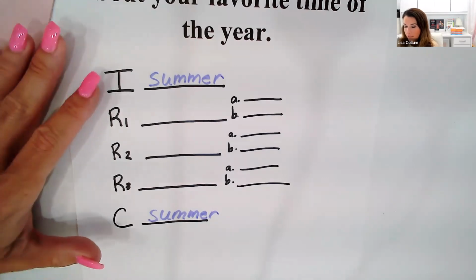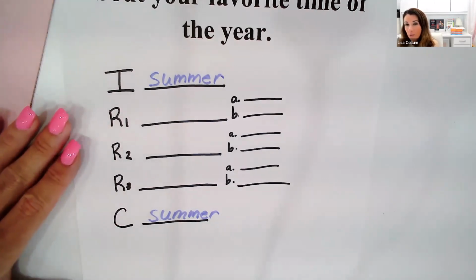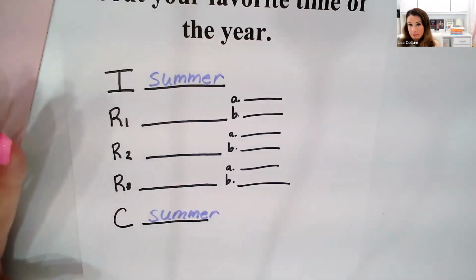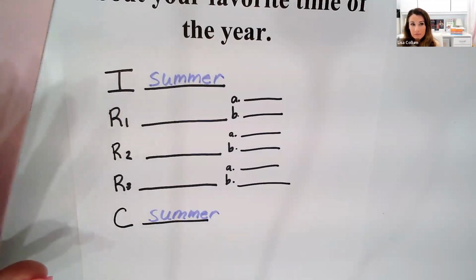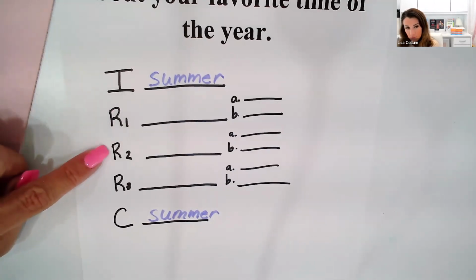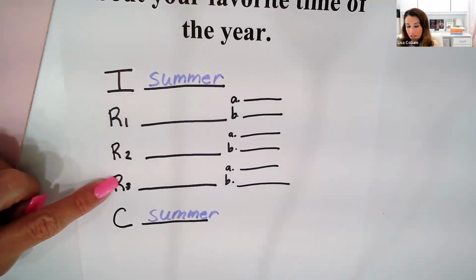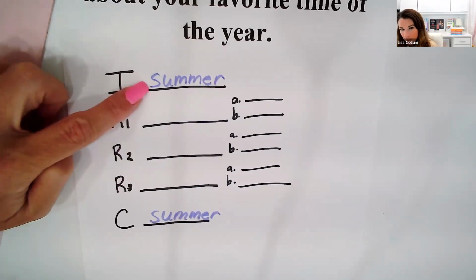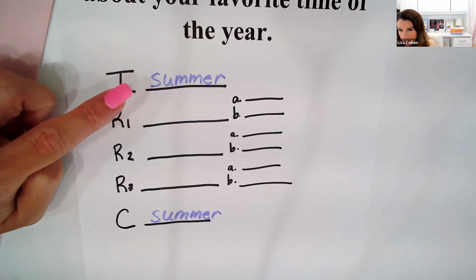Okay, hopefully you guys wrote it on the I and the C line. Now we have to come up with 3 reasons as to why summer is our favorite time of the year. Okay, we got to come up with reason 1, which is R1, reason 2, which is R2, and reason 3, which is R3. 3 reasons why summer is our favorite time of the year.